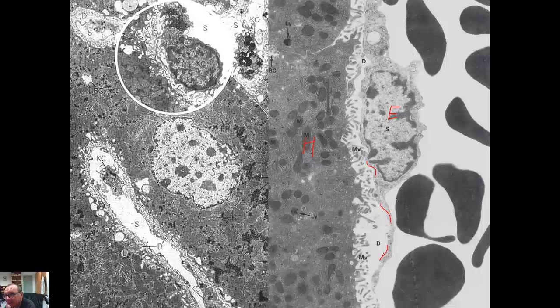Sometimes, but I don't see it here, but it will be in one picture then, there can be some reticular fibers composed of collagen type 3. And what we can see here are processes of the hepatocyte, which are again labeled MV like microvilli, but as I already said, I don't like it very much.